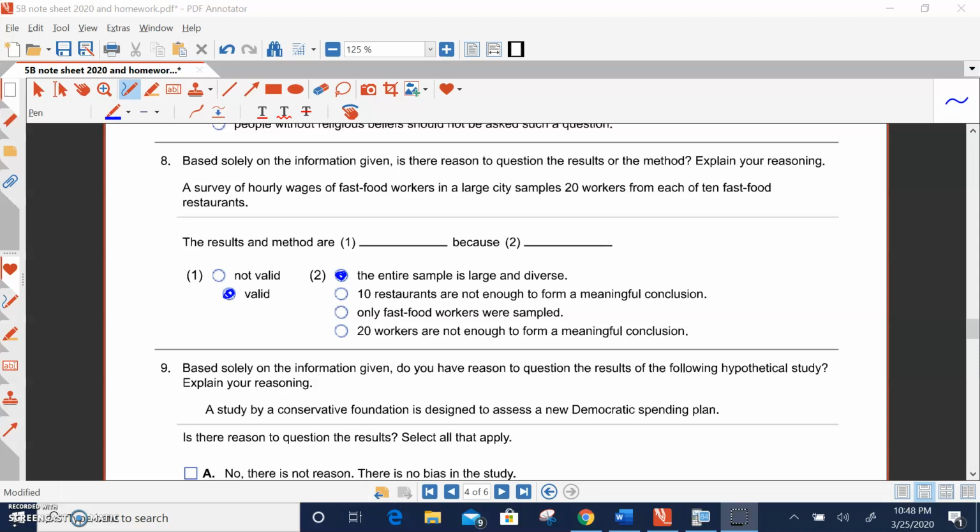The question is, would this be valid? I think the method would be valid because they have a sample that's large and diverse. They have 10 different fast food restaurants, and they're taking 20 workers from each.